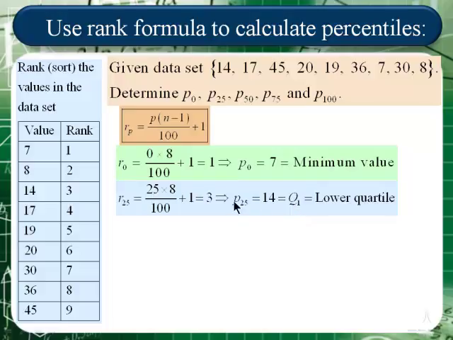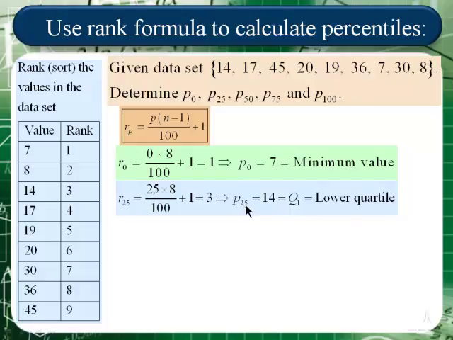Now what does this mean? This means that 25% of the observations must be less than 14. Now let's see why this is the case. So if we eliminate this, then the observations 7 and 8, in other words 2 out of the 8, and 2 out of 8 is a quarter, or 25% of the observations lies below 14, while 6 out of the 8, or 3/4, which is 75%, will lie above.